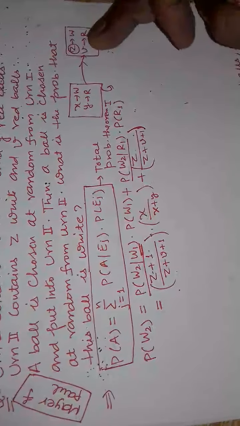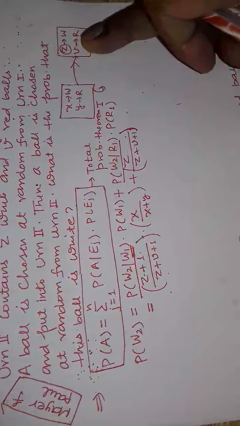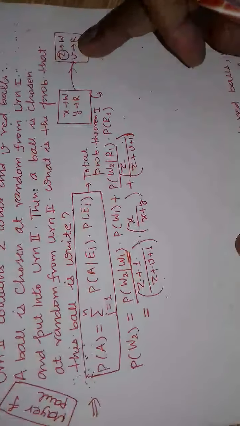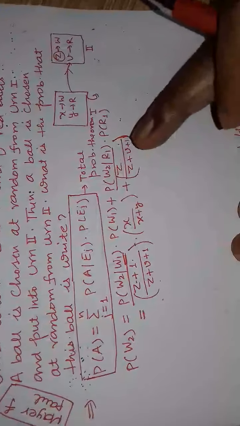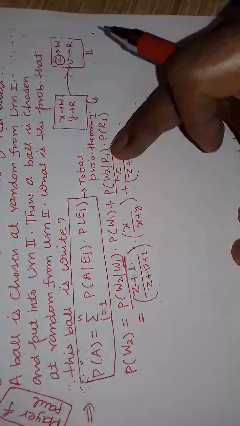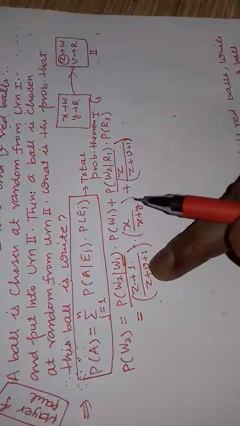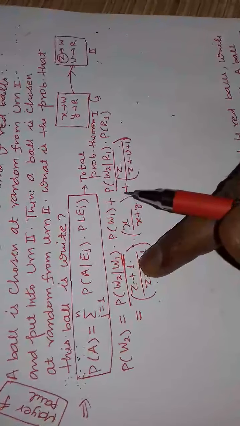So Z plus V was the total balls in the second urn and one has been transferred from the first, so there will be a total of Z plus V plus 1, and Z denotes the white balls. Since in this situation a red ball has been transferred, there will be only Z, and in the previous situation a white ball has been transferred, so there will be Z plus 1.